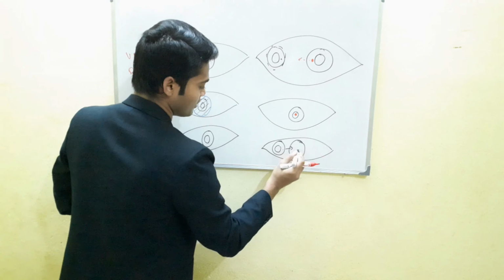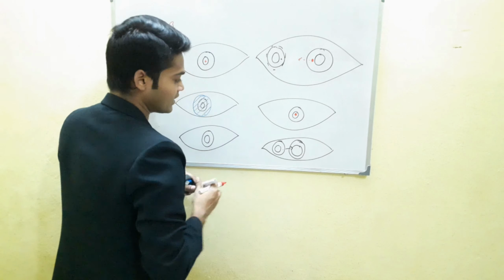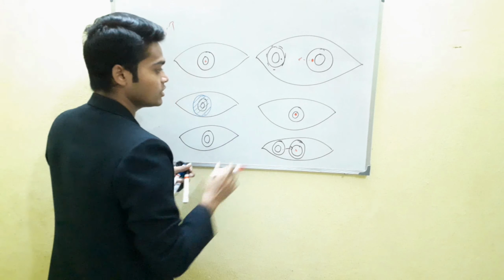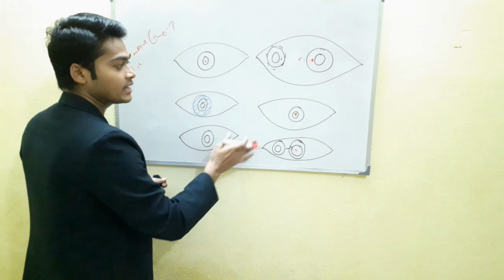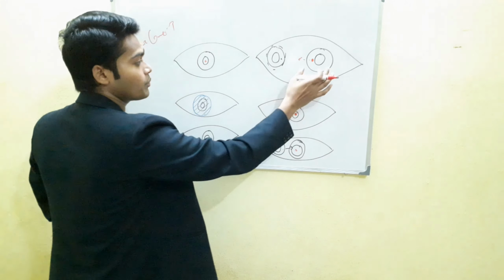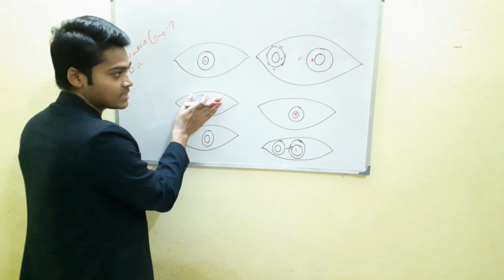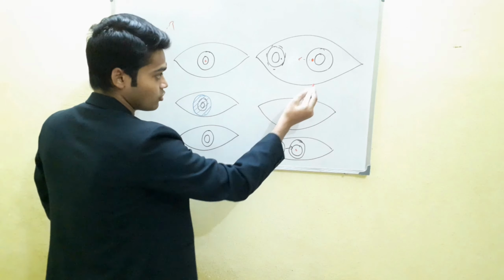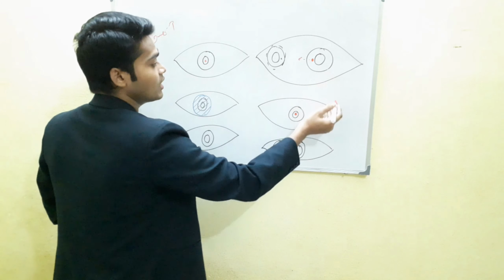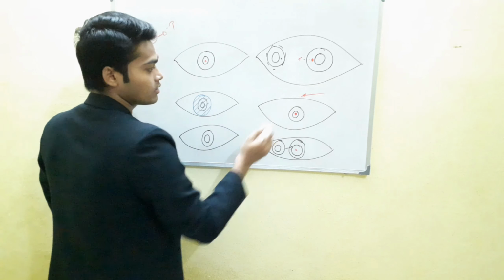In these two cases they shift in the opposite direction. If they were previously present here, as we occlude this eye, the eye moves in the opposite direction, from outward to inward, right?